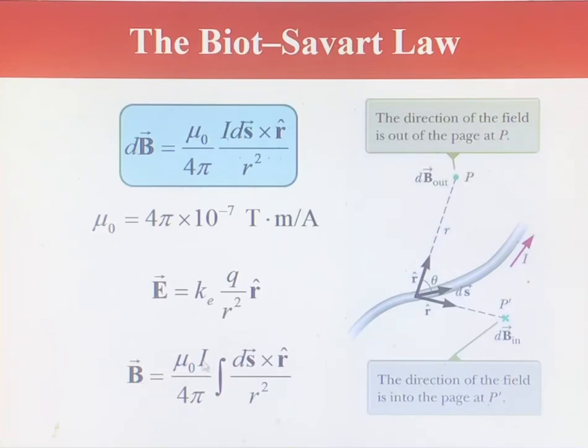A moving charge constitutes an electric current. So if the current I is equal to 0, then there is no magnetic field. This is really the main difference between the electric field and the magnetic field. Electric field can be produced by charges at rest or charges in motion, while magnetic fields can only be produced by charges that are in motion.